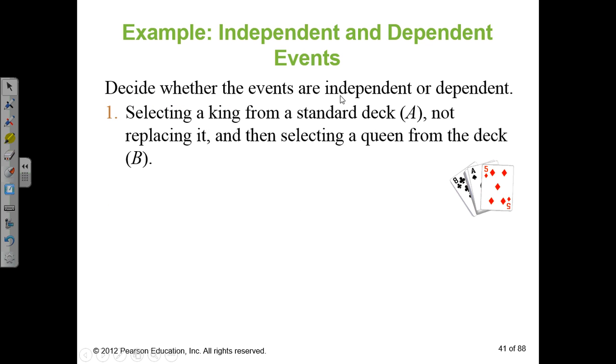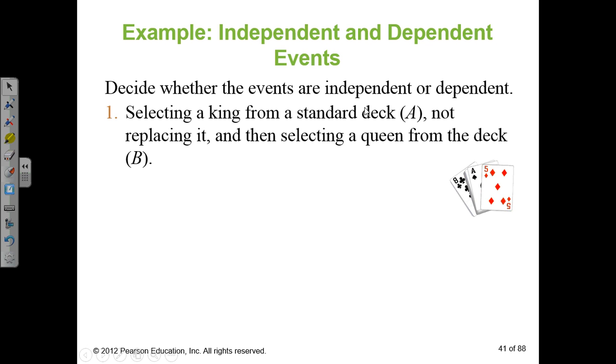Let's decide whether this event is independent or dependent. We're going to select a king, not replace it, and then select a queen. Well, the fact that we did not replace it means we have changed the probability of getting a queen. The probability of getting a queen by itself is 4 out of 52.